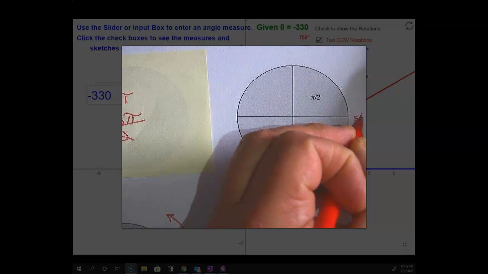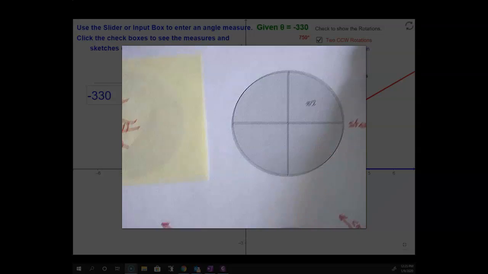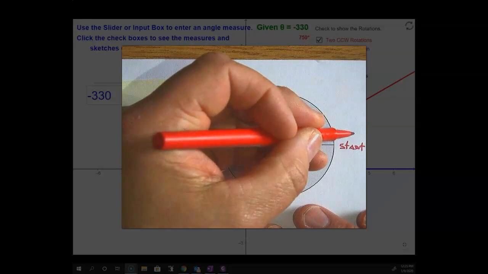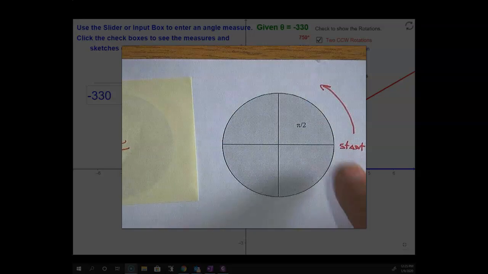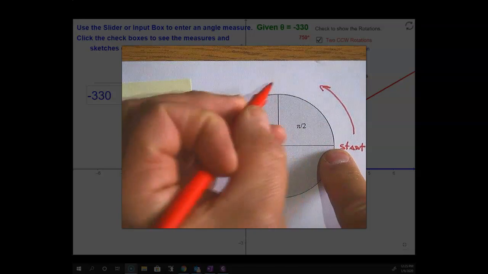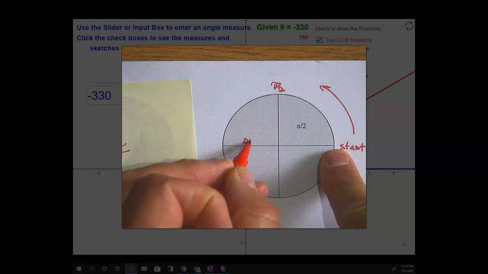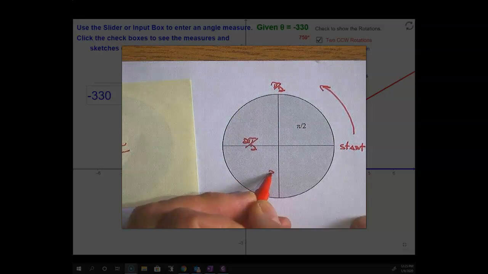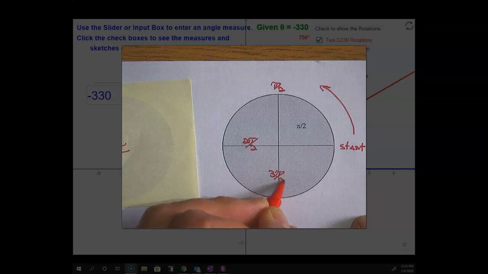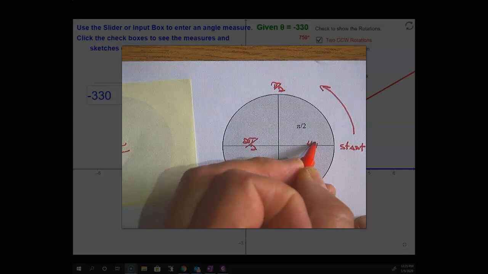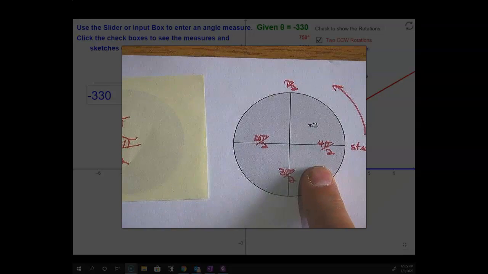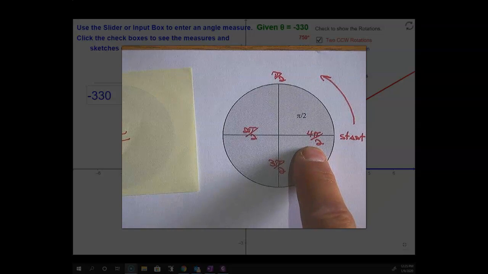Here's your start, and we're counting this way. So that's 0, this is 1, 2, 3, 4 pi over 2. That's the same as going around the circle 360 degrees.